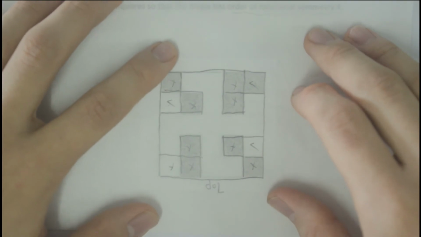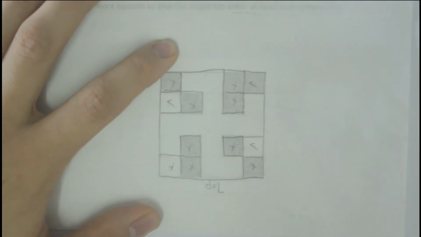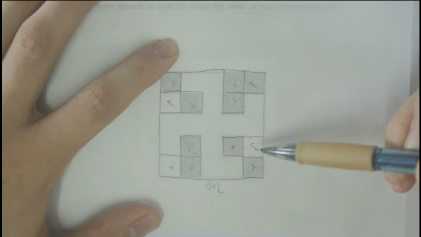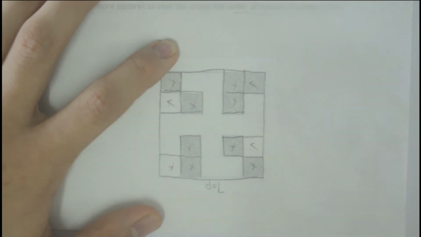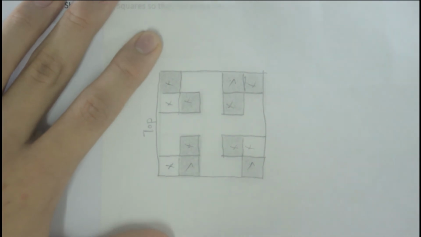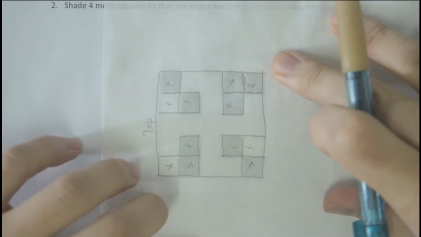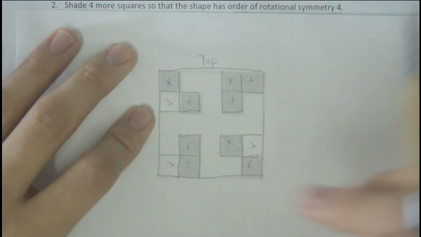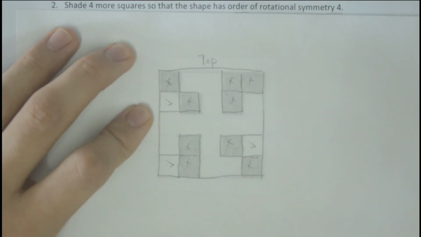Now if we were to rotate again, we do get the same outline as the original side. And if we were to rotate again, we do get the same original outline. And when it goes into one full circle, it does get into the original outline.